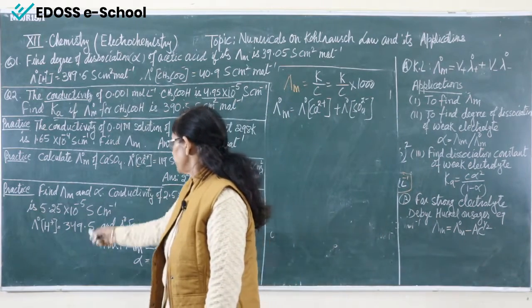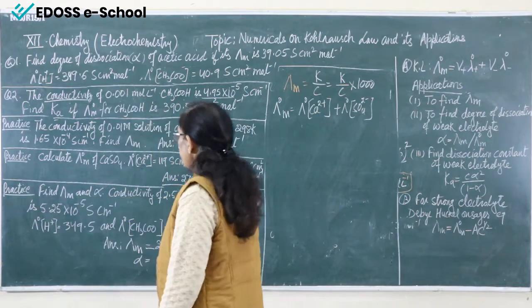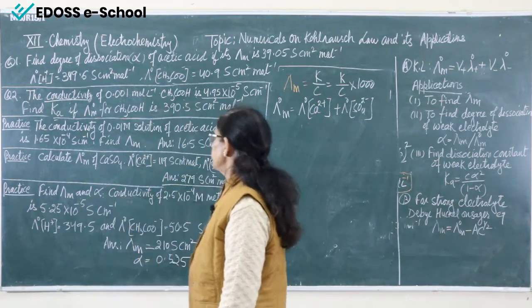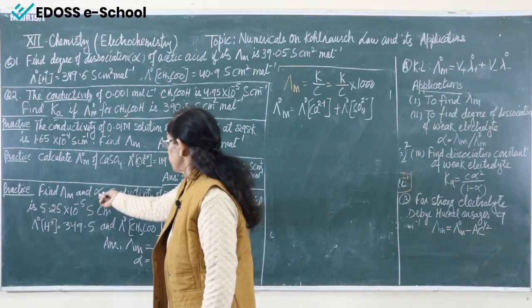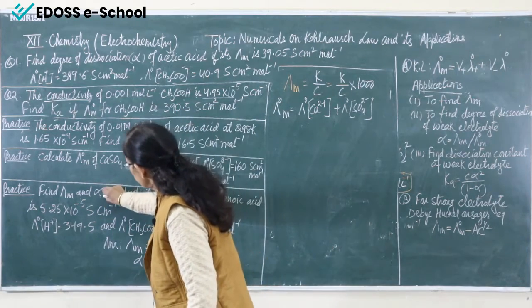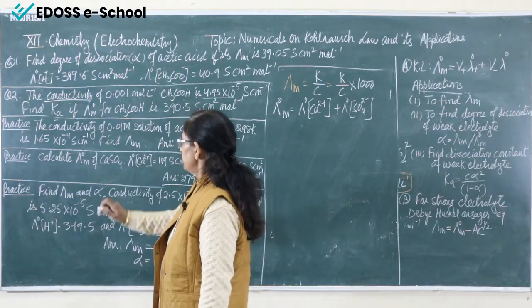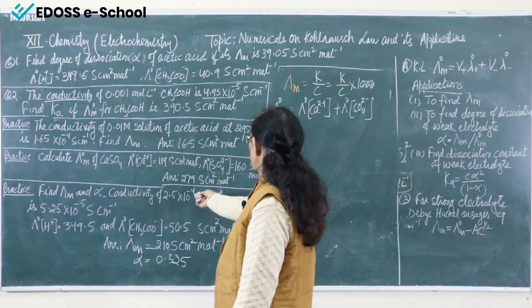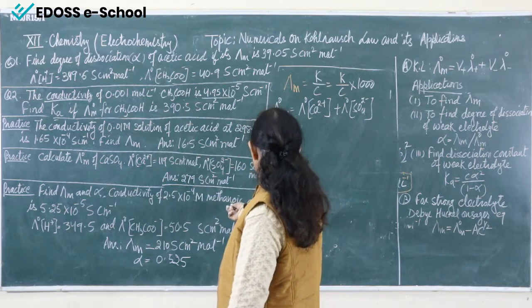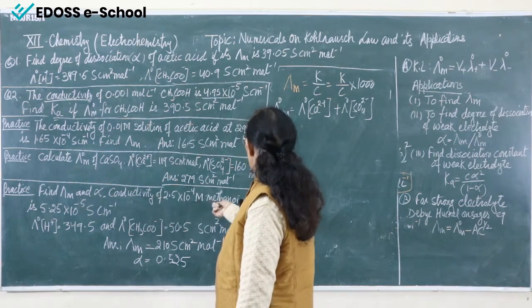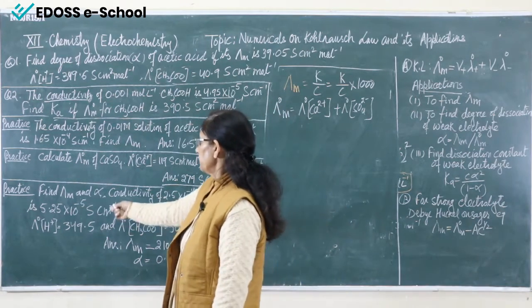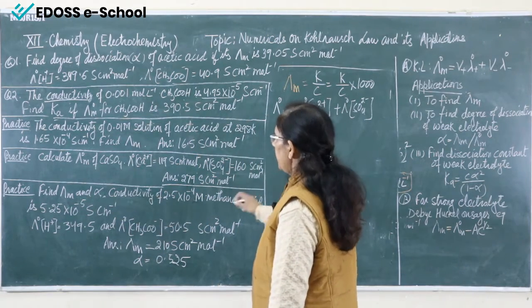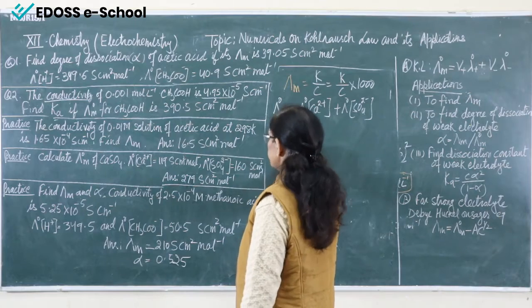And this is the last question. Here you have to find molar conductivity and degree of dissociation. Okay. I have put the symbol here. And the conductivity of methanoic acid is given. Okay. So lambda m you have to find, and alpha you have to find.